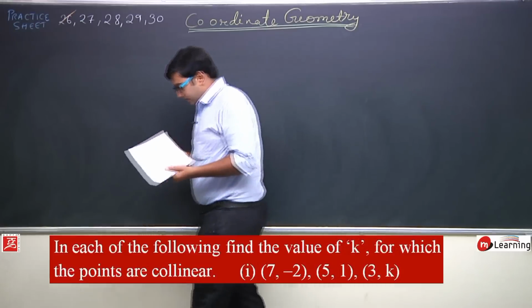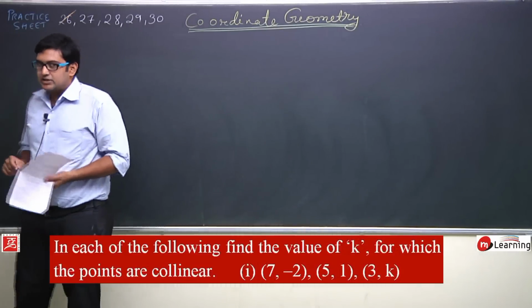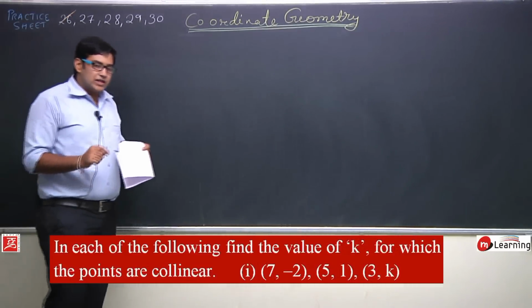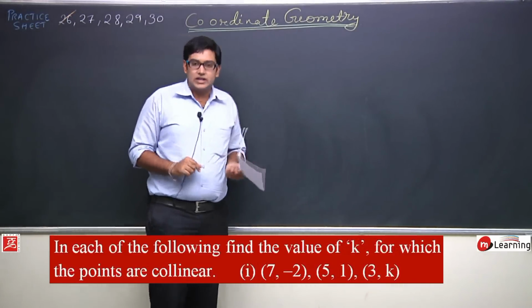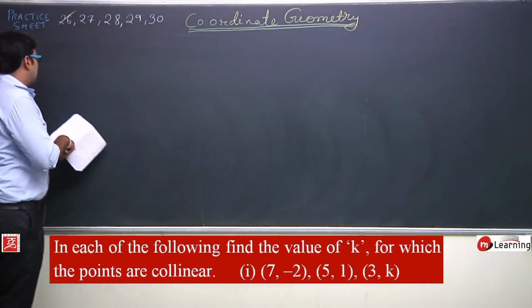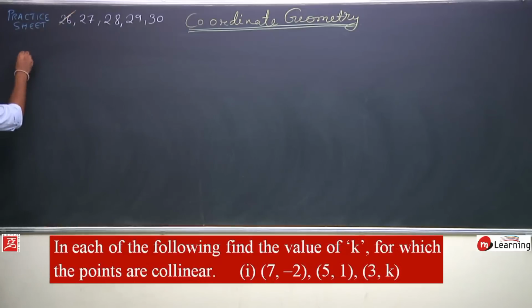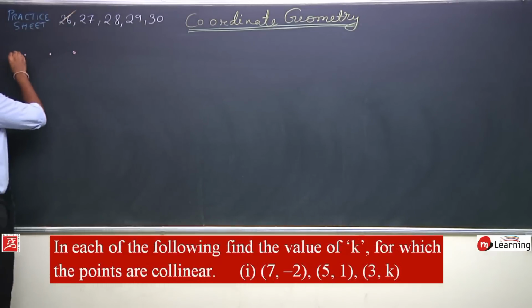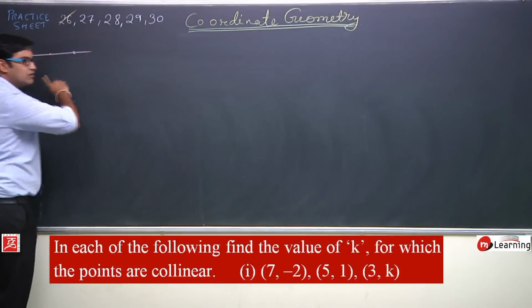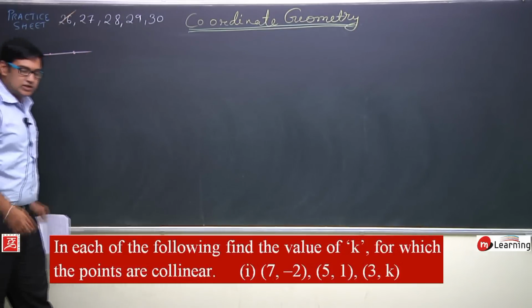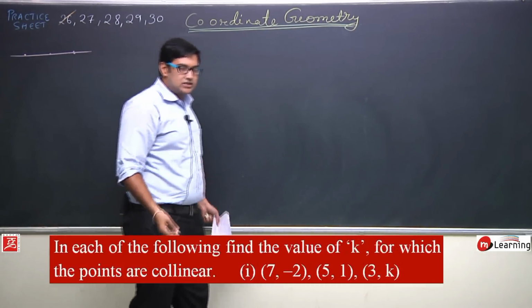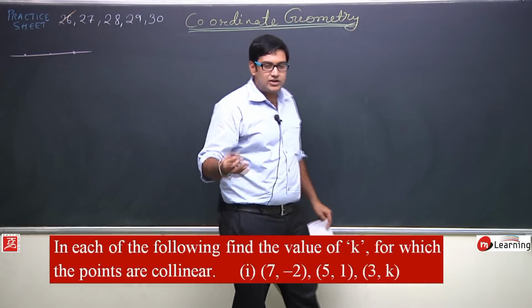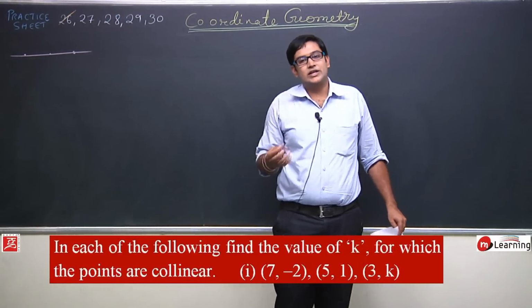Okay, now how to solve this if the 3 points are collinear, but we don't know in which order they are collinear? For example, if I have A, B and C as 3 points and I say that these 3 points are collinear, I can draw a line which passes through all the 3 points, because what is meant by collinear? Collinear means the points which lie on the same line are known as collinear points.